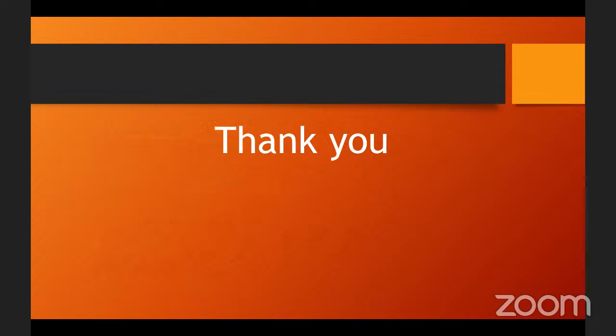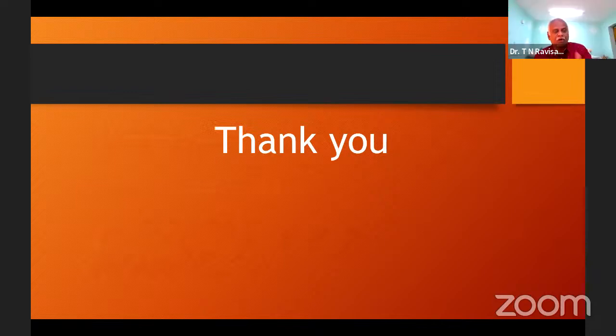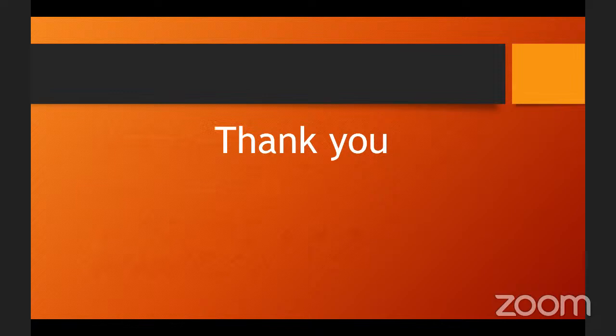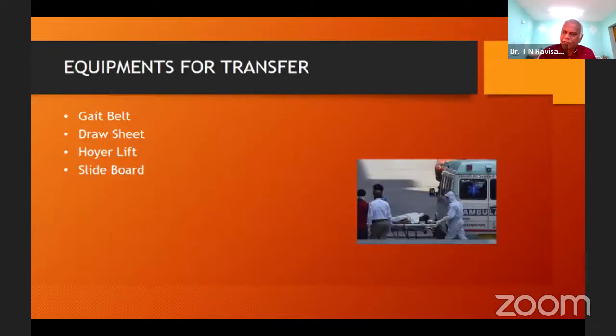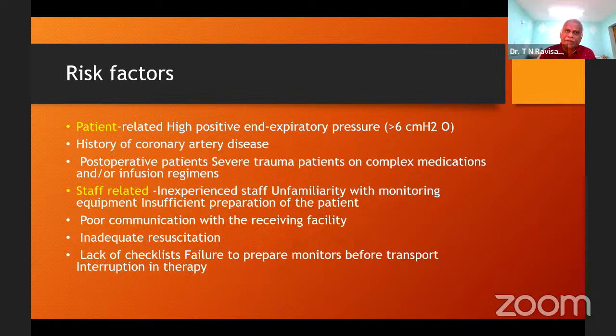The first question is, what are the common challenges encountered during the transfer process of critically ill patients? I think I have already told. My primary issue is resuscitating the patient adequately before you shift the patient. I always say, just 2 minutes watching the QRS complex, whether it is proper, whether the breathing is shallow or adequate.